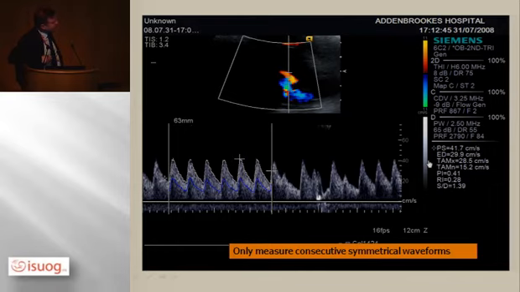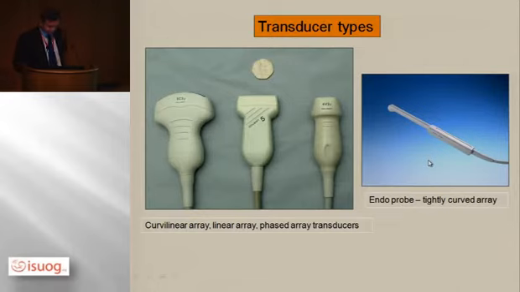With auto measure, as we have on this machine, it's changed a bit because you can, of course, measure as long as you have symmetrical appearance of the waveform. So you don't have to measure 3, but you have to measure consecutive similar waveforms.